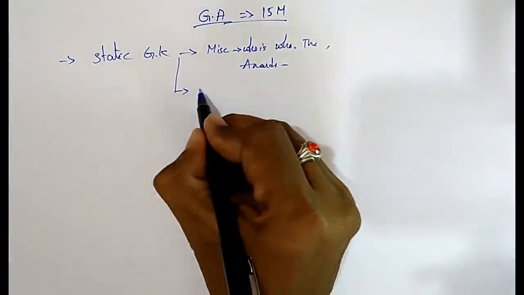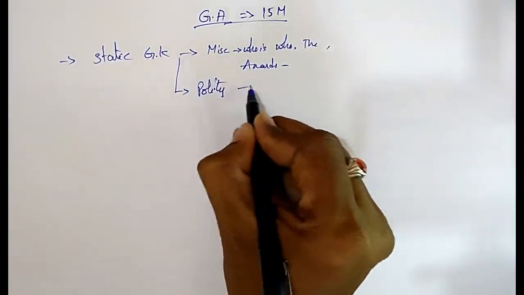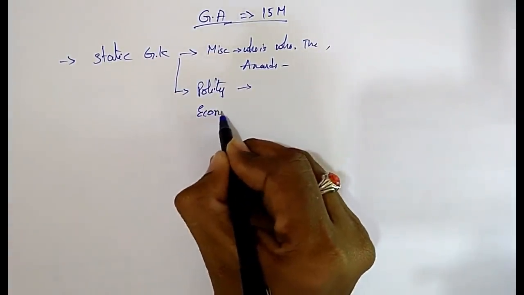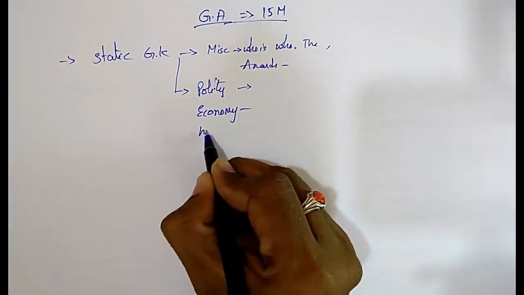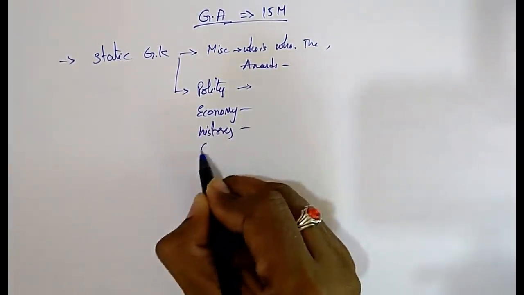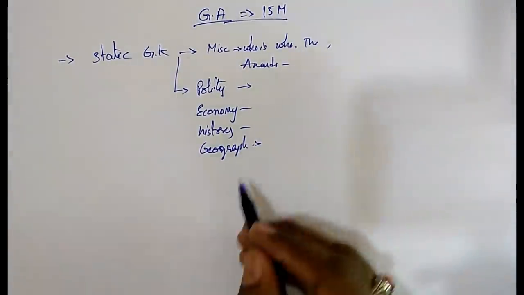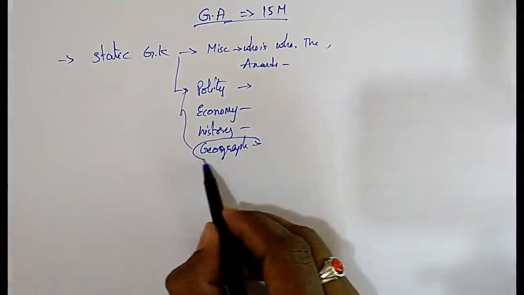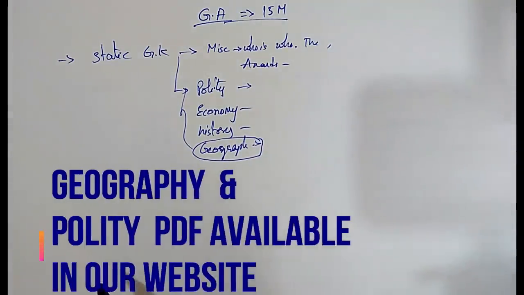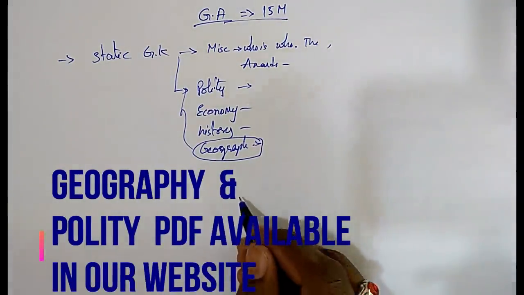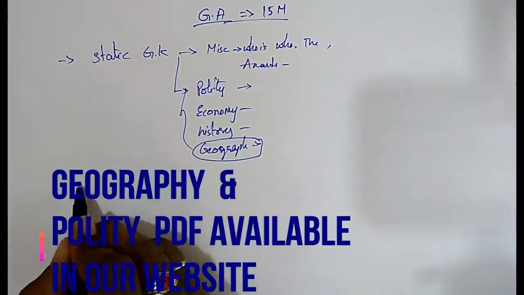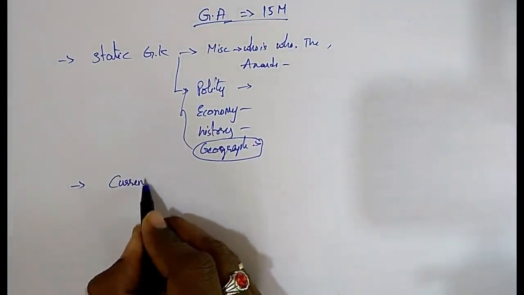And in static GK, the other sections are polity, economy, history, and geography. Among these four, geography is the most important. And the next one is current affairs.